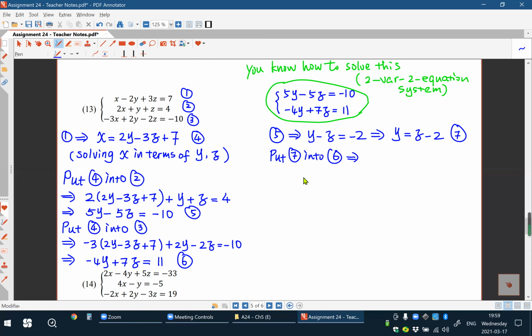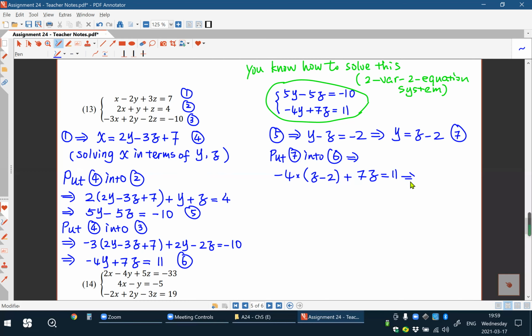This will give you minus 4 times (z minus 2) plus 7z equals 11. In this way you can see there is only one variable.